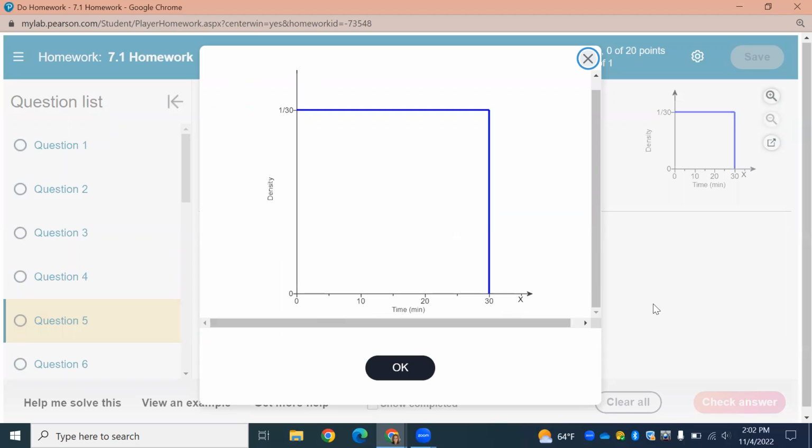The X axis says time in minutes, starts at 0, and the last mark labeled is 30, counting by 5s. The y-axis says density, because these are all now referred to as probability density functions. That's the word we're going to use for any continuous variable. And what's interesting here is that they labeled the height as 1/30.